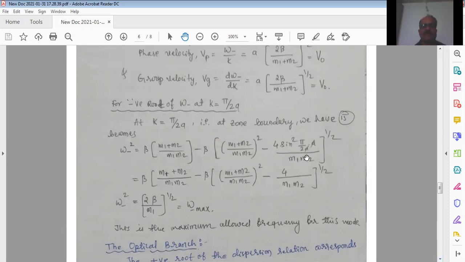It is sine of pi by 2, and sine of pi by 2 is nothing but sine 90, which is 1. So this whole thing becomes 1, and we are left with the 4. This we have to simplify. Lastly, I am getting omega minus square is equal to 2 beta upon m1, raised to half. This is omega minus. So at k is equal to pi by 2a, this acoustic branch will have the maxima.